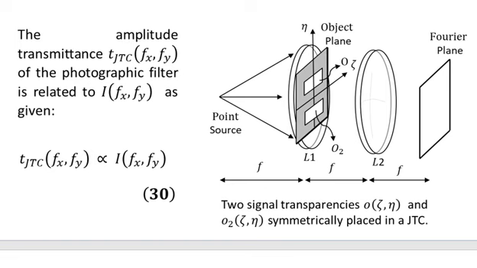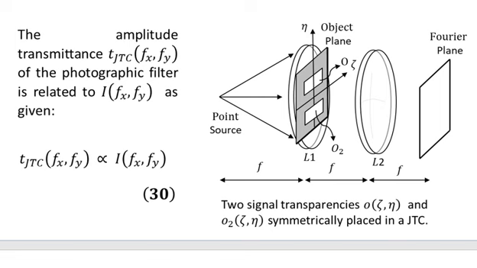So the lens L1 receives a spherically diverging wavefront from the point source, and the lens L1 will convert it into plane waves. So both O1 and O2 will be illuminated by the same plane wave, and the lens L2 will generate the Fourier transform of both O1 and O2 at the Fourier plane.